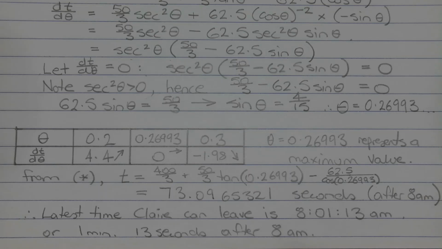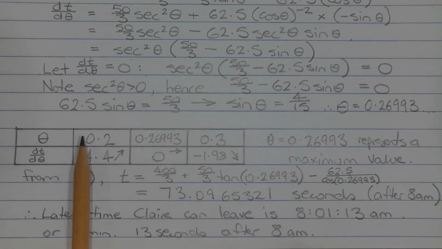The next step is to determine the nature of the stationary point at theta equals 0.26993. So I'm going to use the first derivative and a table of values where the first row represents two values of theta around the stationary point, and the second row is the value of the gradient at the two values of theta. So I've chosen theta equals 0.2 and 0.3 to test around this stationary point.